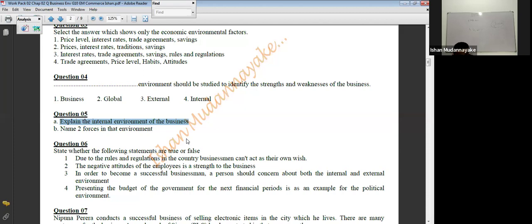And then name 2 forces in that environment. Students, give me 2 forces. Owners, managers, and employees. Right. Write the answer.